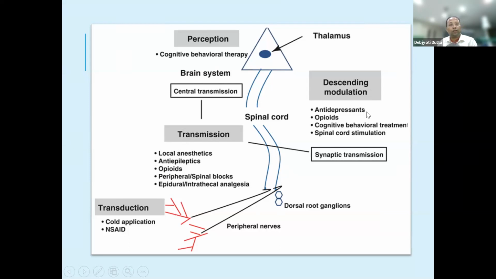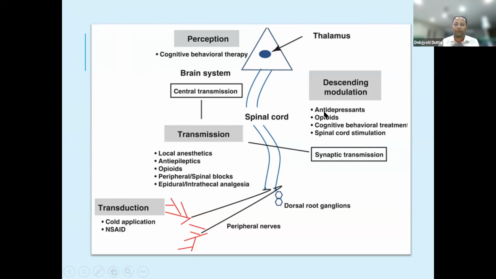Then comes modulation. If we want to increase modulation, we want the descending modulation, which usually dampens the pain signal, to increase its work. It should dampen more. In that case, we will use antidepressants, mainly antidepressants, and also spinal cord stimulation, which is not pharmacotherapy.